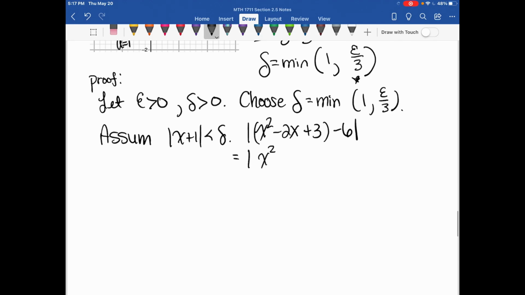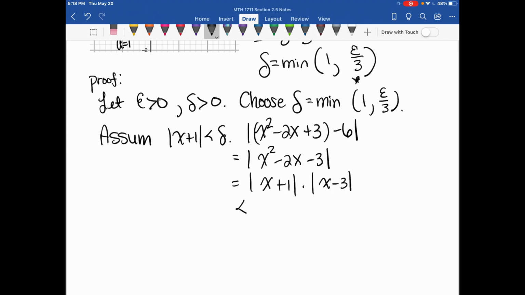So if I combine like terms here, I have x squared minus 2x minus 3. And I can factor this into the absolute value of x plus 1 times x minus 3. We know that the absolute value of x plus 1 is definitely less than delta. And we know at most the other factor is going to be 5.